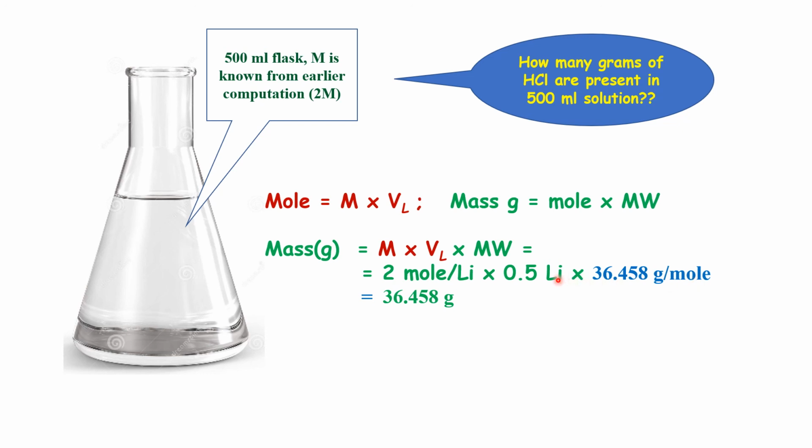The liter here in the numerator will cancel out with the liter here in the denominator. So ano ang natira? Na-cancel out na yung mole, na-cancel out na yung liter. Ang natira is gram. So yan yung hinahanap natin. Gram. So, okay, yan ba yung hinahanap natin? We are asked for how many grams. Okay, so our final answer is in gram unit.